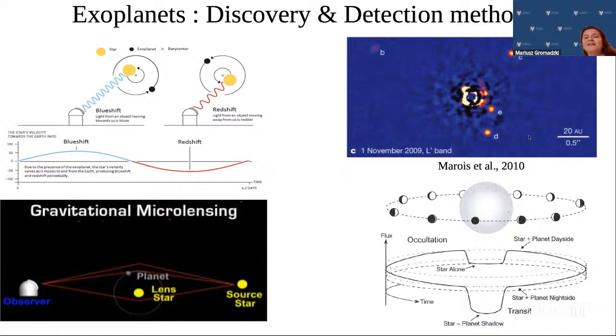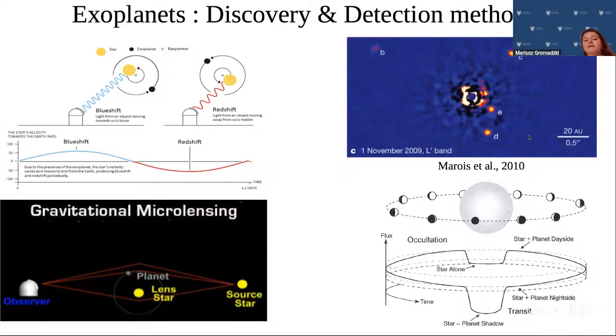And then we have gravitational microlensing, a technique that a master student once told me is the most out-of-the-box way to detect exoplanets. Basically, we don't really observe the planet or the host star. We observe how the mass of the planet interacts with the space-time around it.